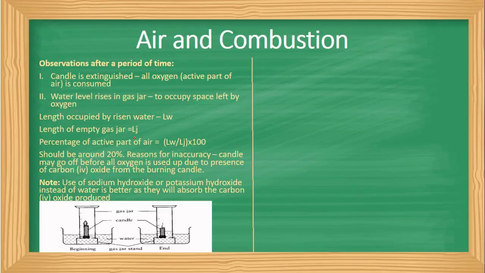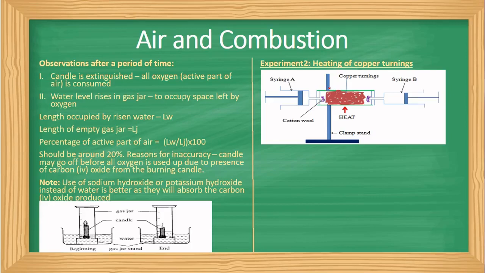The candle might go off even before the oxygen is used, because a lot of carbon dioxide is produced during the burning of the candle. Using sodium hydroxide or potassium hydroxide is advised instead of water, because the hydroxides will absorb the carbon dioxide that is produced during the burning of the candle.